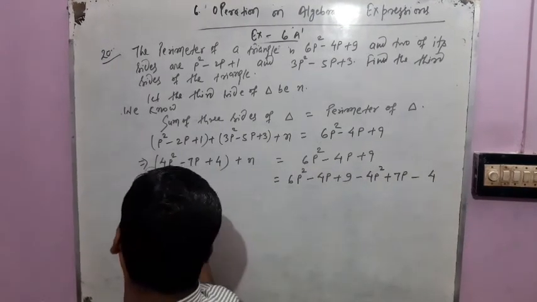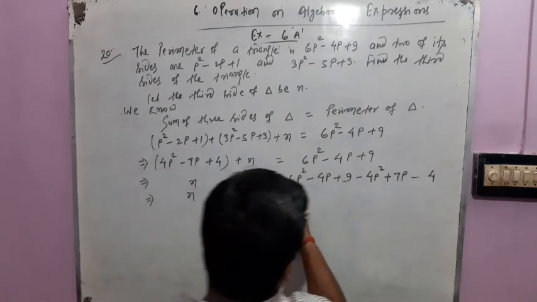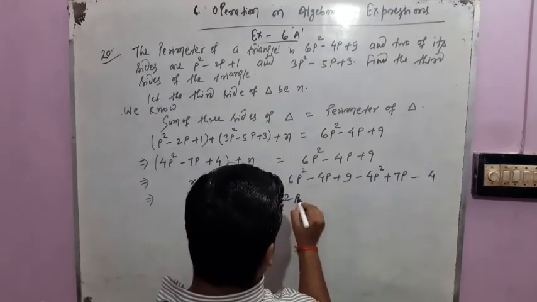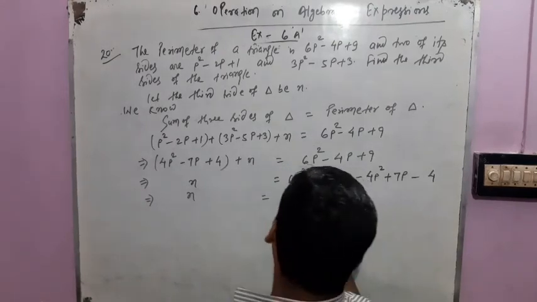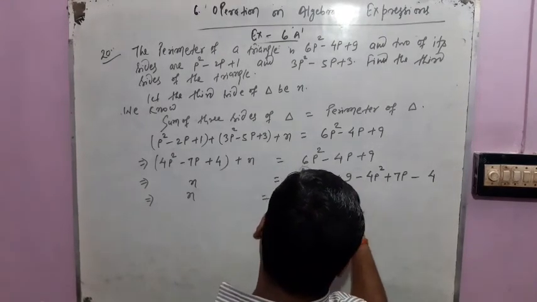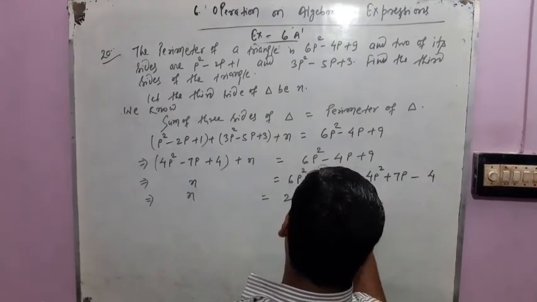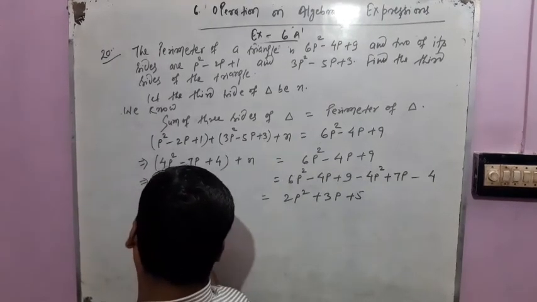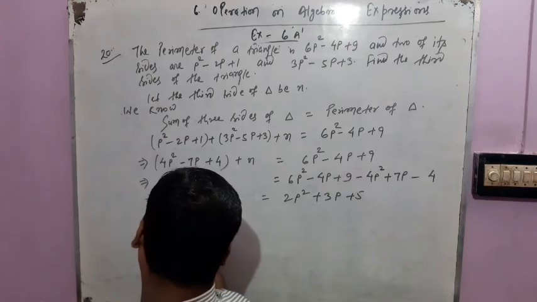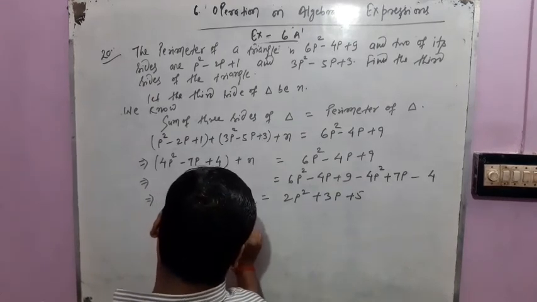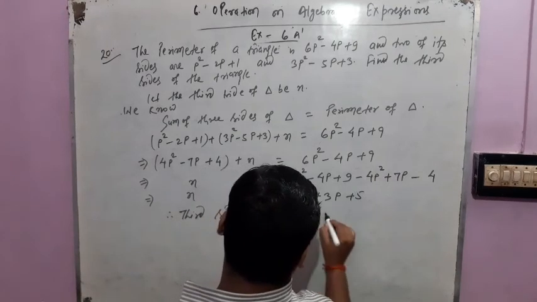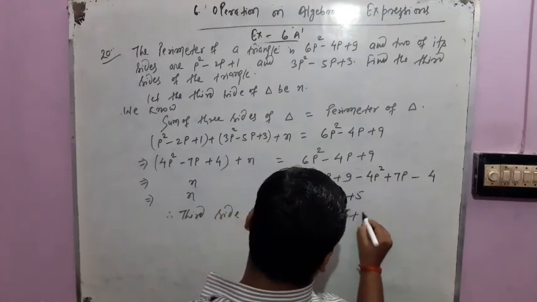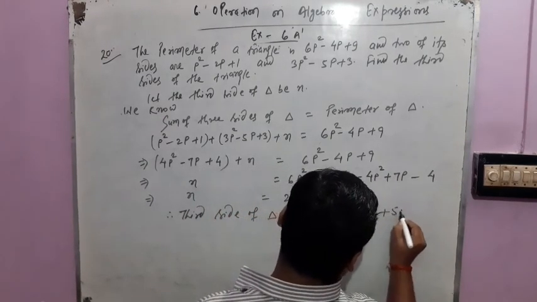Okay student, therefore x equals 6p square minus 4p square, that is 2p square, plus 7p minus 4p, that is plus 3p, and plus 9 minus 4, that is plus 5. Therefore the third side of the triangle, x, is equal to 2p square plus 3p plus 5.